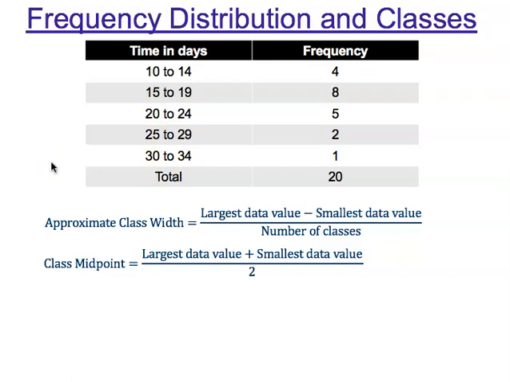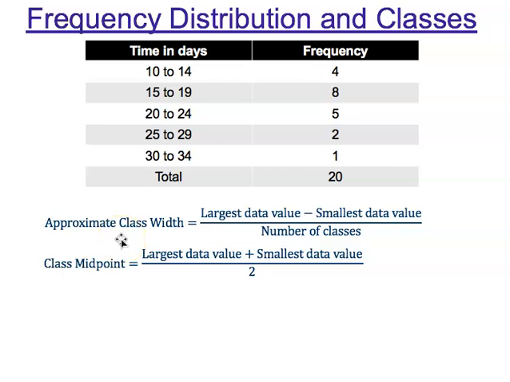To do that, the analyst would take the larger number and subtract the smaller number. So in this case, 34 is the largest number in our data set, 10 is the smallest number, so that gives us 24 as our numerator. We then would divide that by the number of classes that we want. So if this analyst says, I want, let's say, 3 classes, then you would take 24 and divide it by 3, and that means you would have a class width of 8.